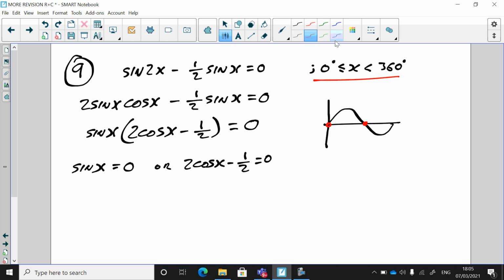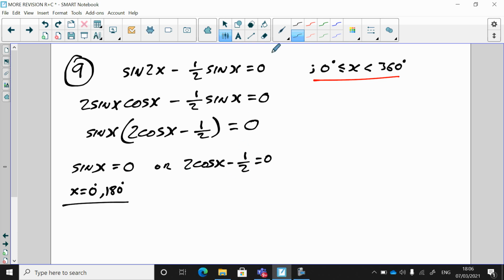So that's just at 0 and 180. So that's how I know how to get my answers there. Because the quadrant check doesn't deal with 0 here. So we've got my two answers here for x. That's actually 0 and 180. Okay, so that's half of it done.